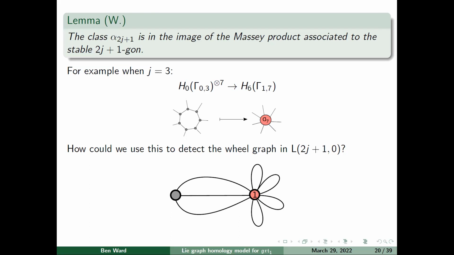Because there's this forested graph complex that computes exactly this, the homology of gamma GN. So dually, one might also be able to think about this in this sense, or not.